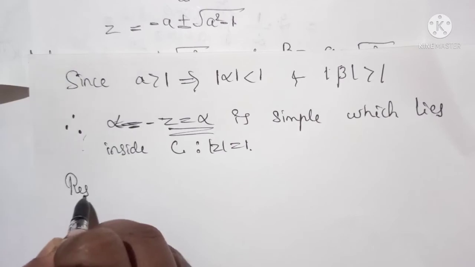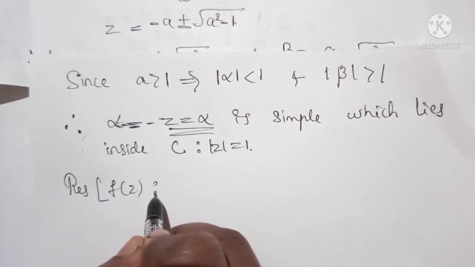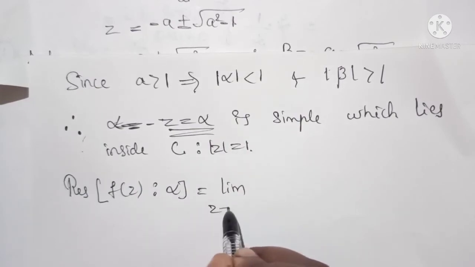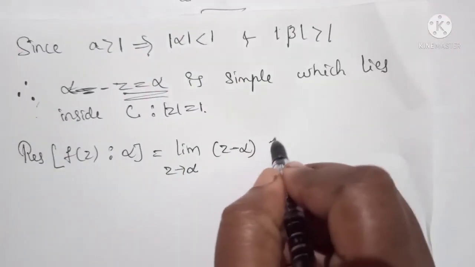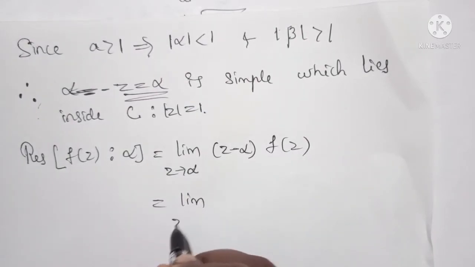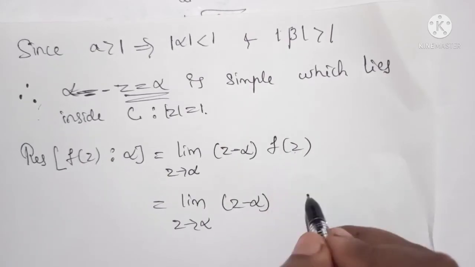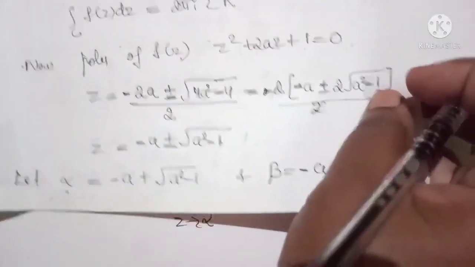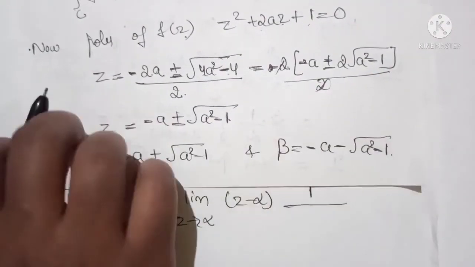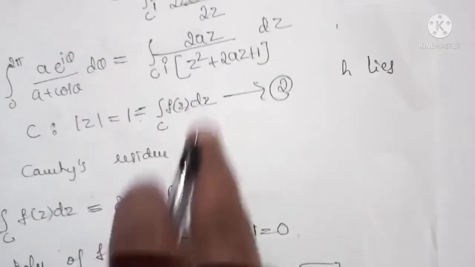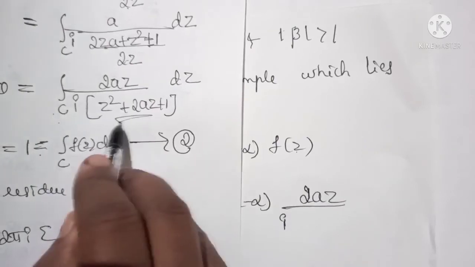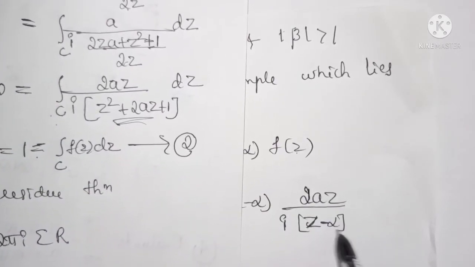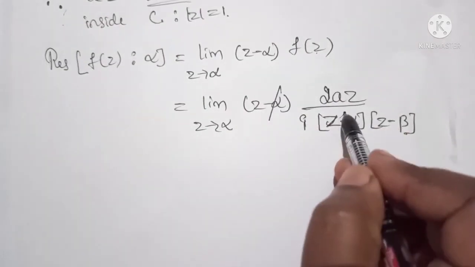Therefore the residue at z = α is the limit as z tends to α of (z − α) times f(z). Because α and β are the roots of this quadratic equation, f(z) can be written as 2az divided by i(z − α)(z − β). The (z − α) gets cancelled.